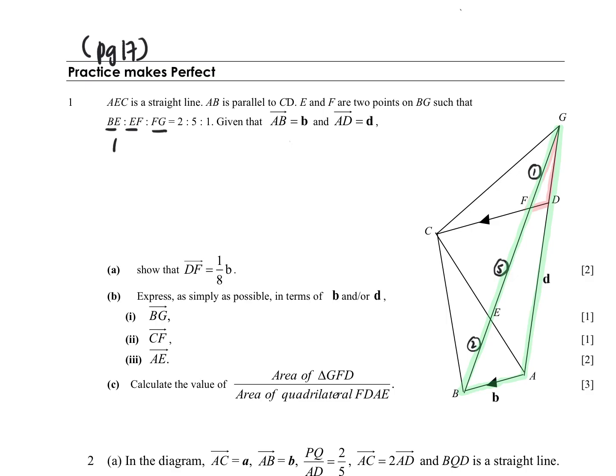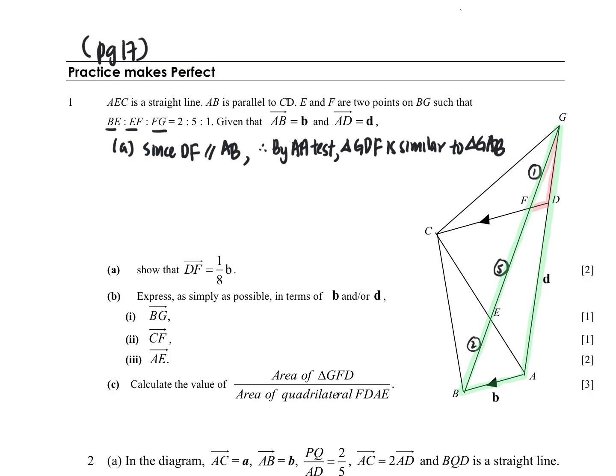So that's why it is good for you to write: since DF is parallel to AB, therefore by AA test, triangle GDF is similar to triangle GAB.